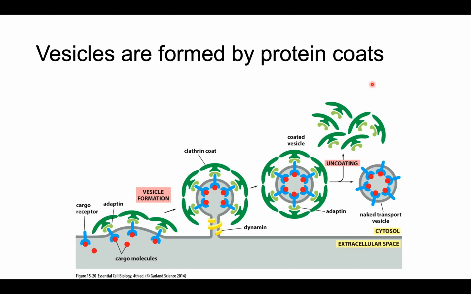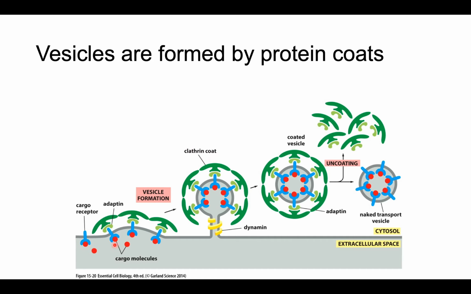All vesicles are going to have some kind of protein coat that helps them bud from that donor compartment. The most well-studied coats are these clathrin coats right here. So let's check out how we form a vesicle. We have some kind of cargo molecule.